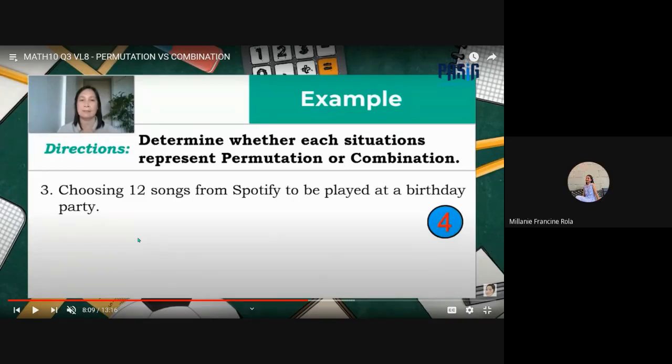Opo. Pangalawa. Diba mostly pag nagpe-play tayo ng songs, meron talaga siyang arrangement, no? Minsan nga, inaayos natin siya eh. Gusto natin, ito yung song na i-play muna natin, bago ito, and so on. So, we can consider number 3 as permutation. Kasi ang sabi dito, to be played. Pinlay na eh.